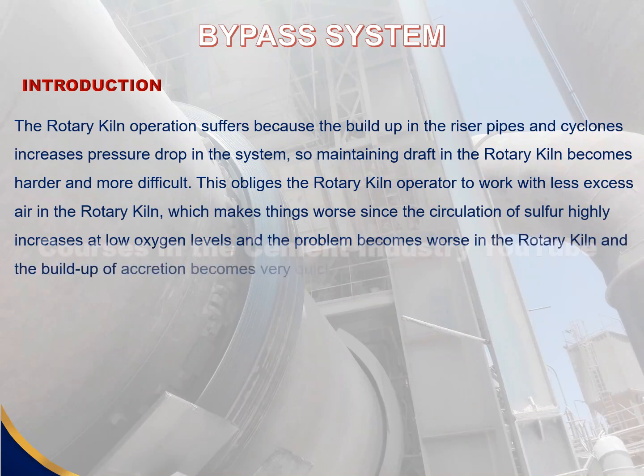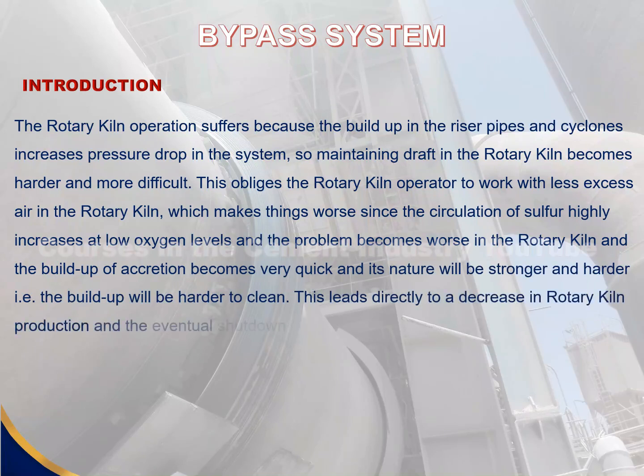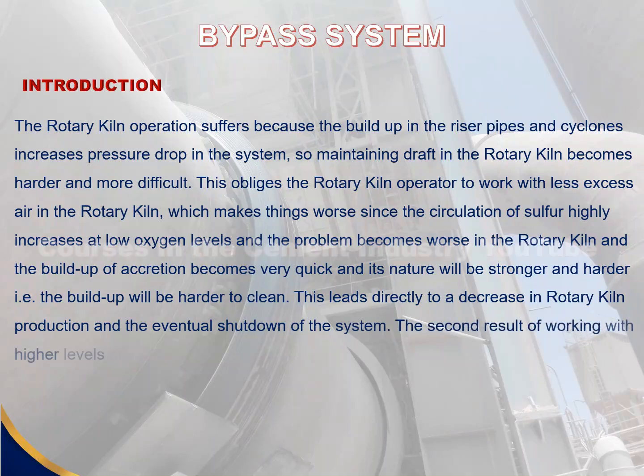The problem becomes worse in the rotary kiln, the buildup of accretion becomes very quick, and its nature will be stronger and harder, and harder to clean. This leads directly to a decrease in rotary kiln production and eventual shutdown of the system.